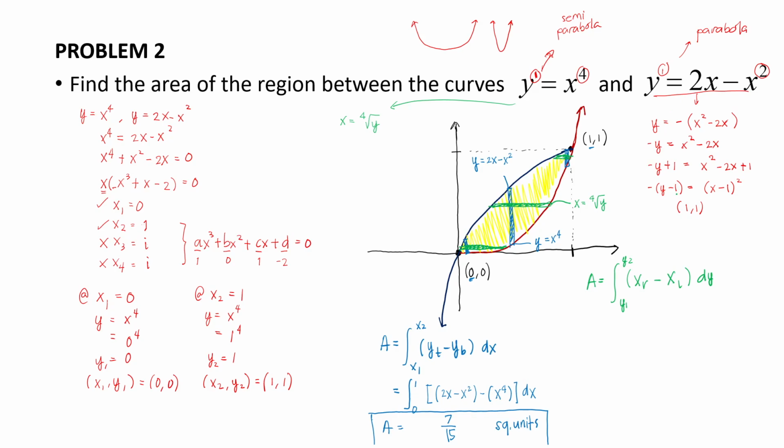So let's just continue with this line here, what we manipulated earlier. Let's borrow this one. So this would be negative y plus 1. I'll just bring it back, multiplying the negative. And then this one is x minus 1 squared. So getting the square root, this now becomes the square root of negative y plus 1 equals x minus 1.